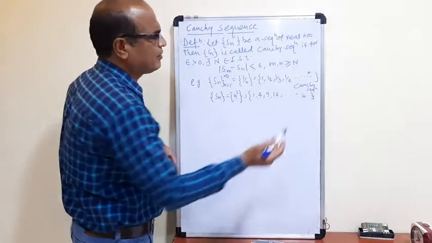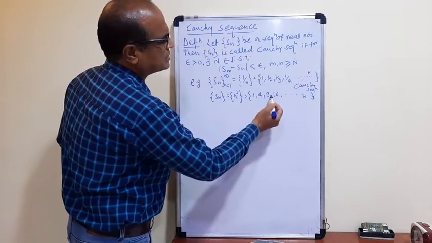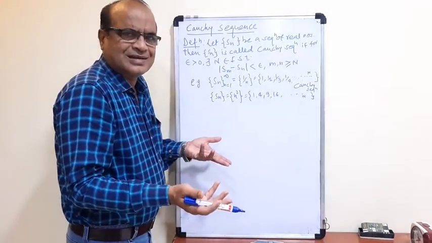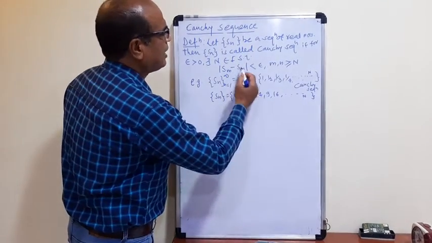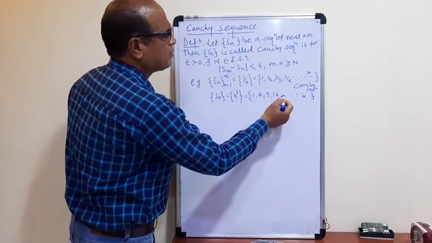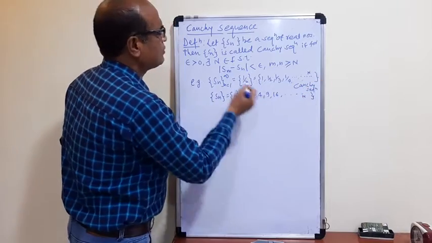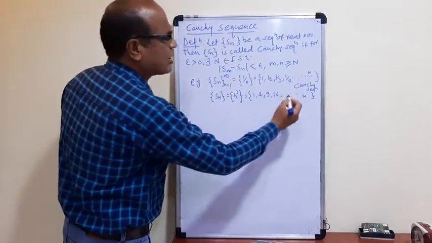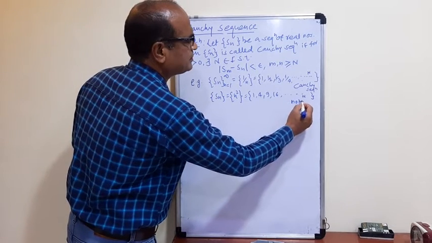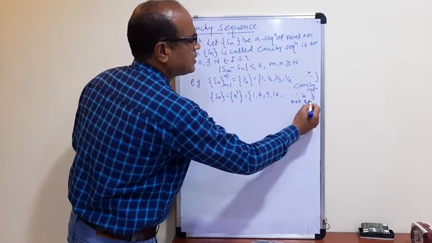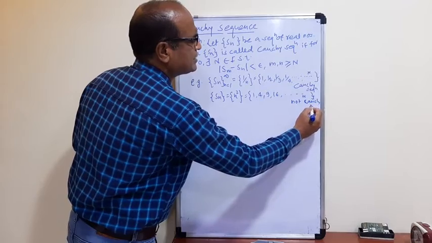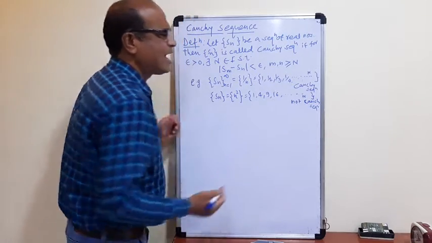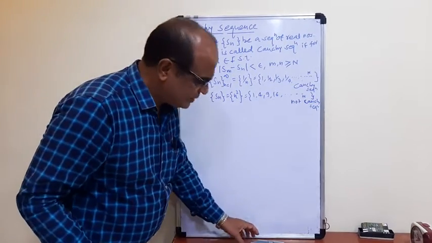So this is not less than epsilon. We take m, n, those numbers are bigger, so this condition does not hold. So this is not a Cauchy sequence. These are very simple examples, and the definition is very simple.